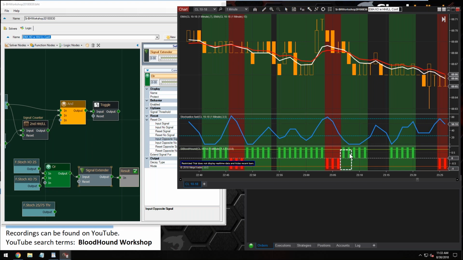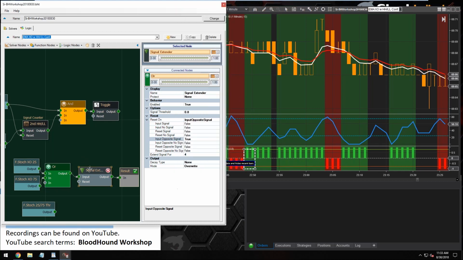That's why I wanted to use the signal extender, because I could turn the shorts off here. And actually the same thing happened over here as well. So that's why I use the signal extender.